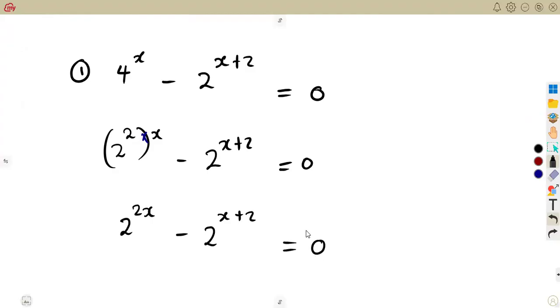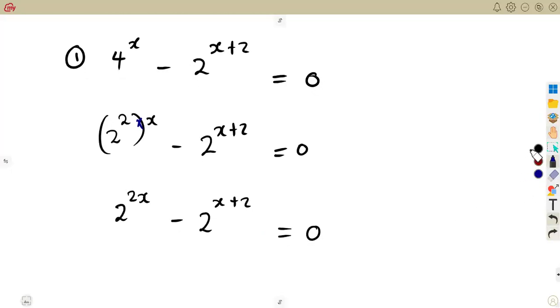If we are to consider 2 to the exponent of 2x and 2 to the exponent of x, these two are different. Let's separate so that you can properly see this. 2 to the exponent of 2x, let's leave it like that.